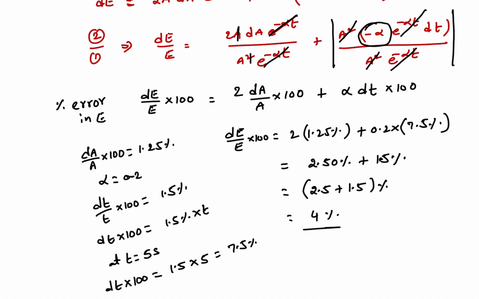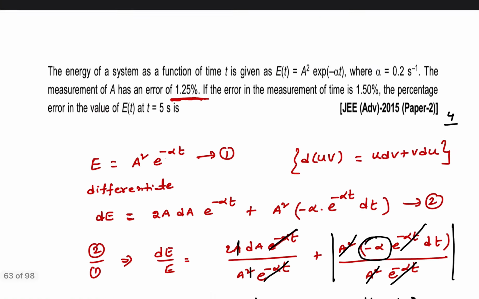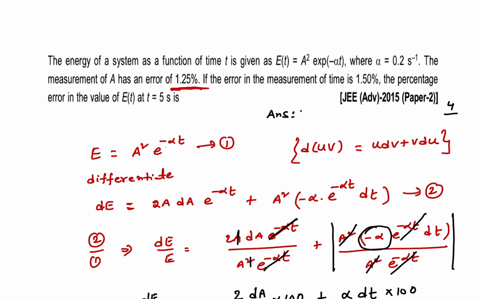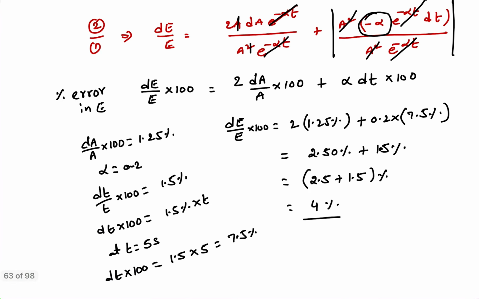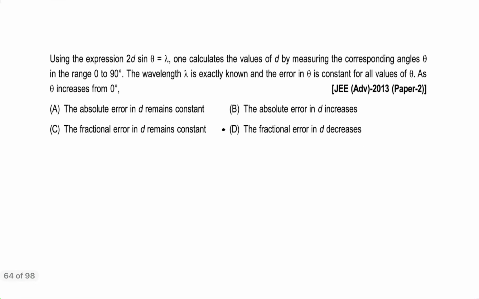If I write 2.5 plus 1.5 percentage, finally I will get 4 percentage. So my required answer is 4 percentage. We can see the answer is 4.